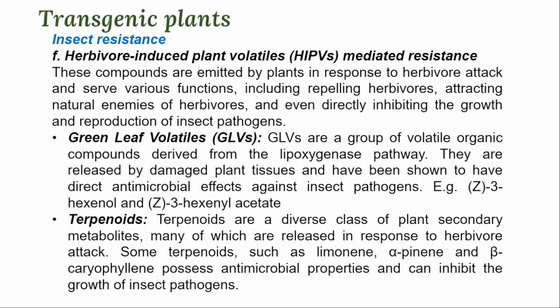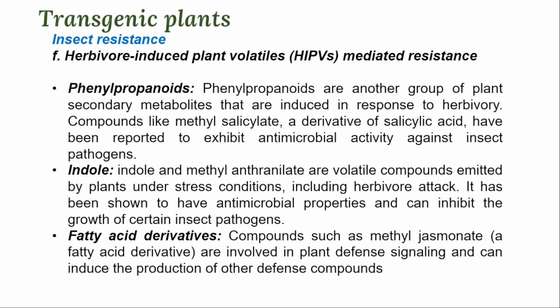We will also go with other strategies, such as herbivore-induced plant volatiles mediated resistance. That means you can observe that green leaves and other plant parts release some volatile compounds that damage the infesting insects, like terpenoids, polyphenols, phenylpropanoids and indole.